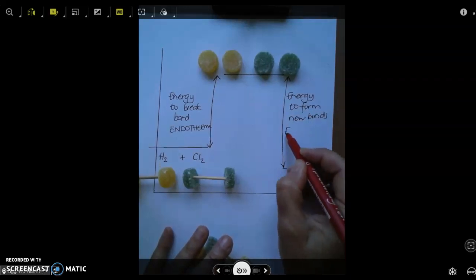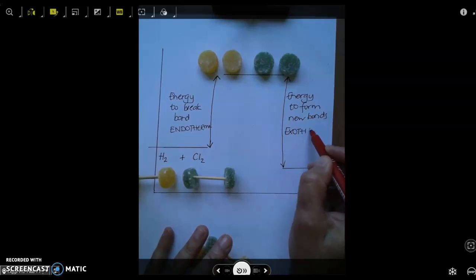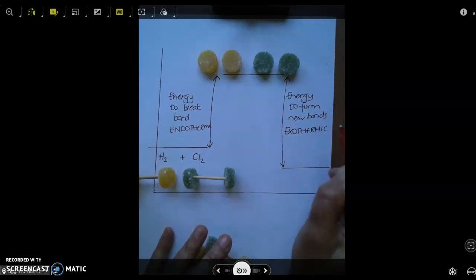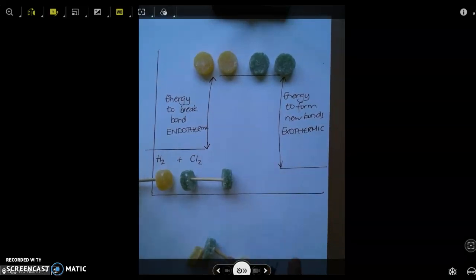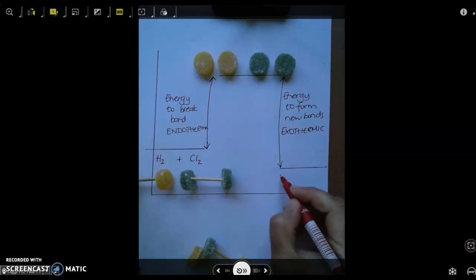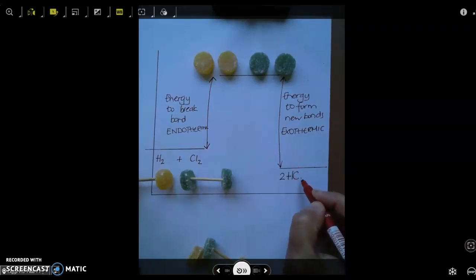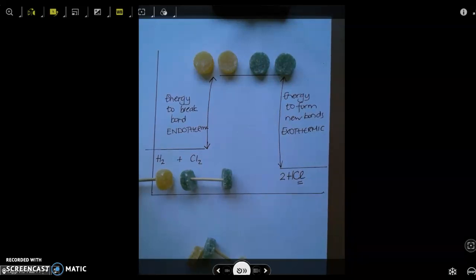That is the exothermic part, because energy is released in that process. So what we've got to work out, in a reaction, is the endothermic part greater than the exothermic part, or vice versa, because that will determine the overall energy of the reaction. And I should just finish that off with my products written down here, 2HCl. Remember, it's a lowercase l because it's the second letter in the compound.